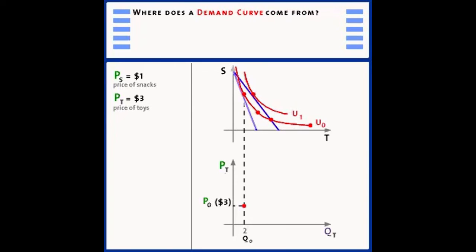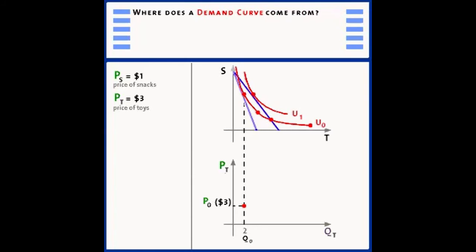And right here at this point of tangency is the combination that Chris would choose to purchase in that situation. So when the price of toys drops from $3 a toy down to this new lower price of $1.50 per toy, the quantity of toys that Chris consumes increases from 2 toys a week to, in our case, 4 toys.